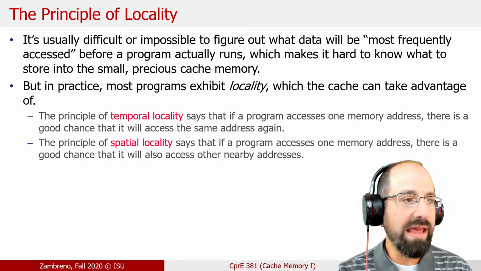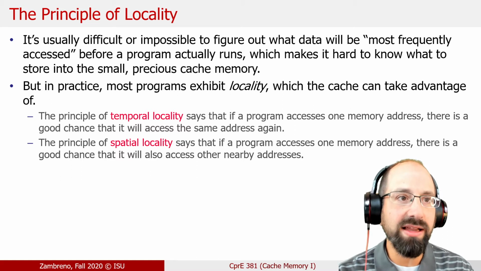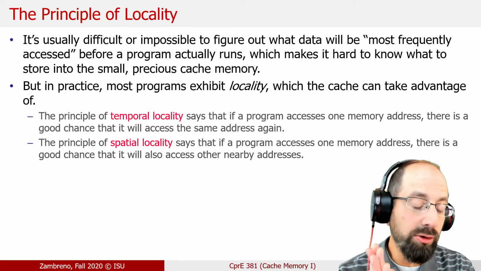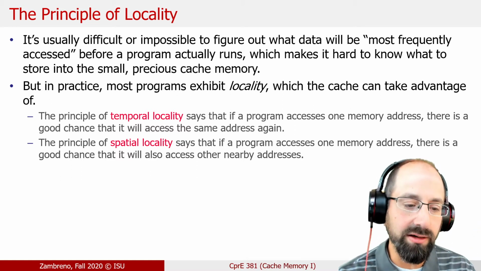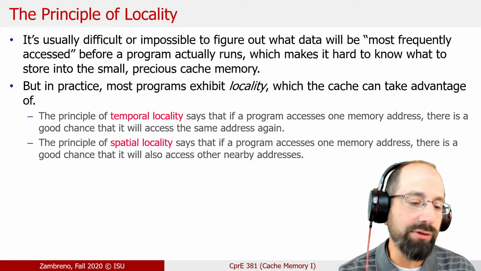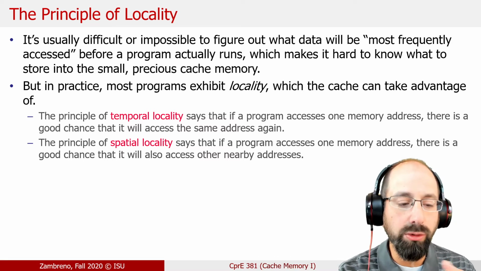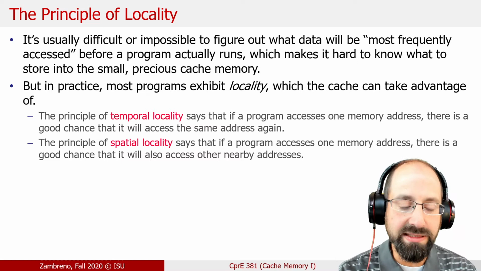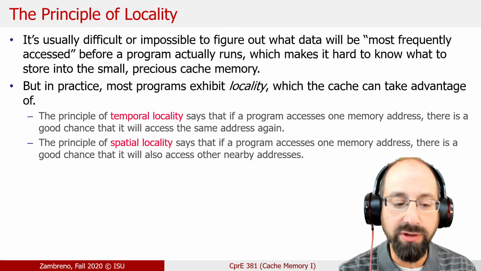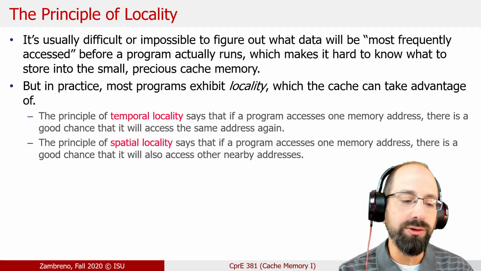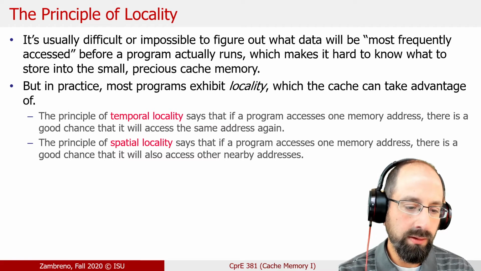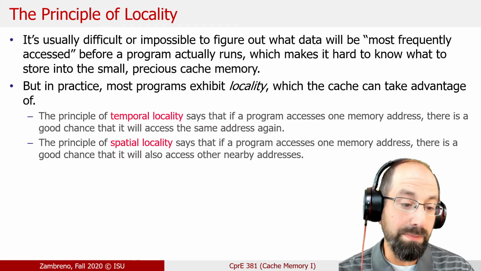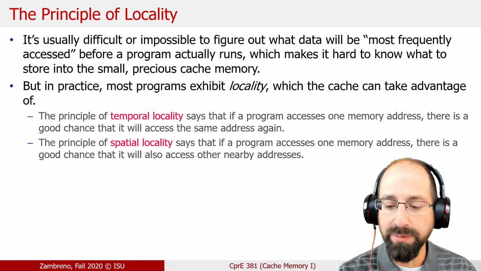That's temporal locality, or just locality in time. And the principle of temporal locality, and this is our big picture concept here, is that if you're accessing a memory address, if your program needs to read or write either an instruction or a data value at a particular address, it's very likely to want to do it again in the future. Again, it's an empirical observation of how programs tend to operate.